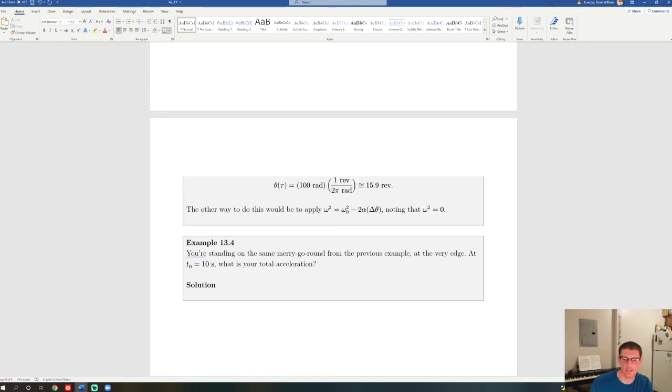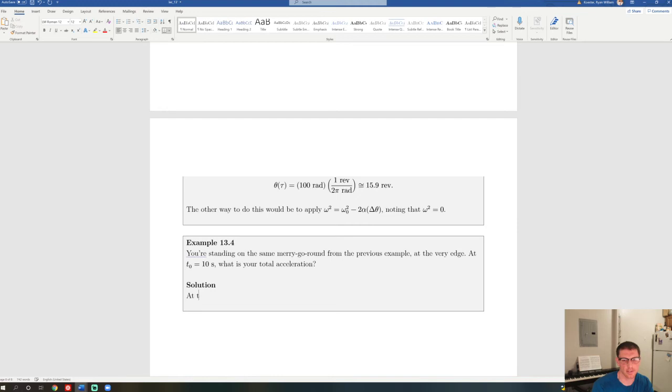Okay, so now we're going to look at the total acceleration that you would experience if you were on the merry-go-round at a time of 10 seconds. This will give us a little bit more practice of figuring out what the angular speed is.